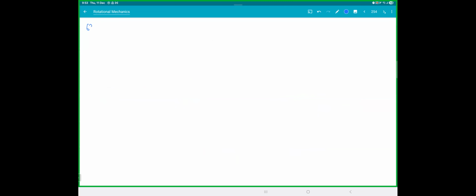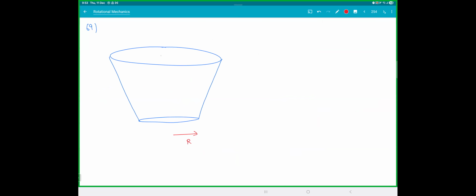Next one. We have a cone, a truncated cone, a part of it. This radius is r. This radius is 3r. You have a particle of mass m, you projected with speed u, right? And gravity is there, and this height is h.